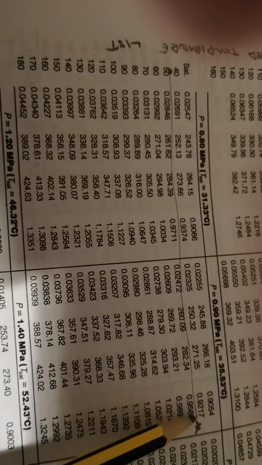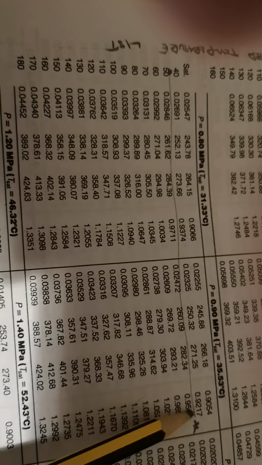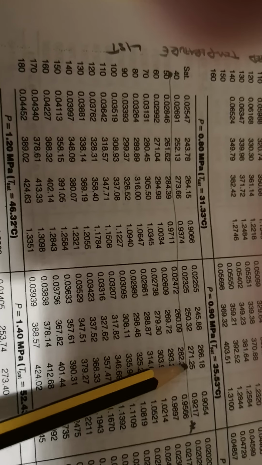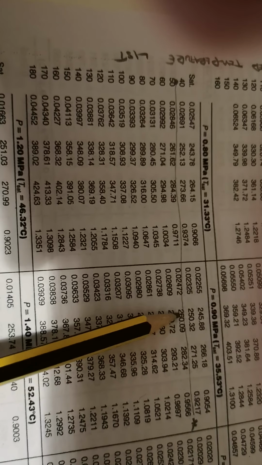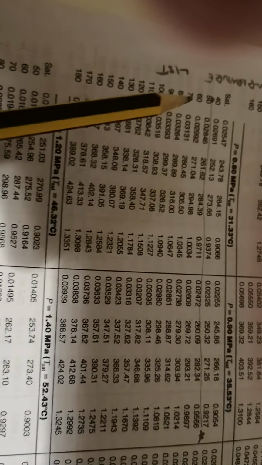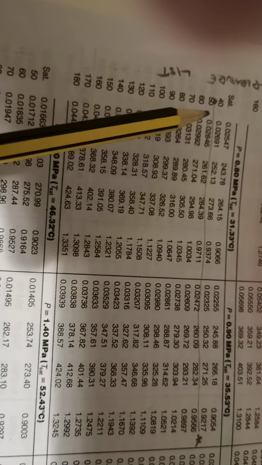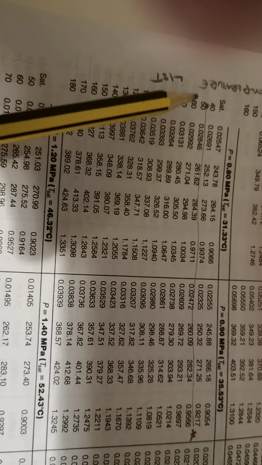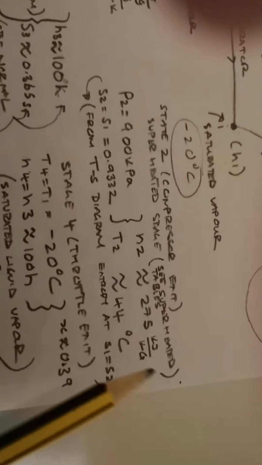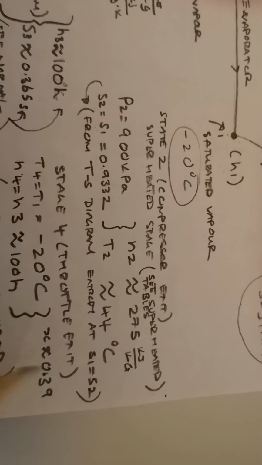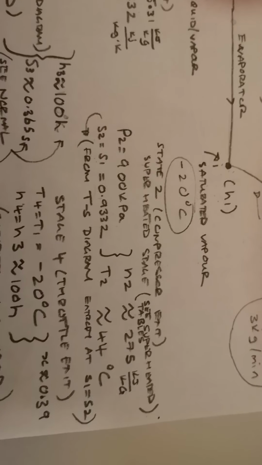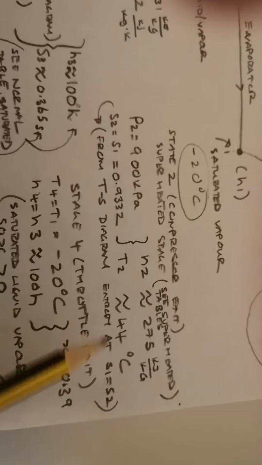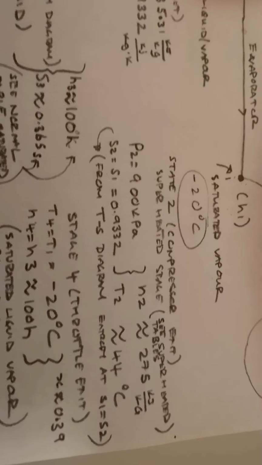So 0.93 lies between these two. If you go across, it's between 40 and 50 degrees centigrade. Now if you go on here, I've put roughly 44 degrees C. So this is from the TS diagram, entropy at S1 equals S2. So this is the superheated table.